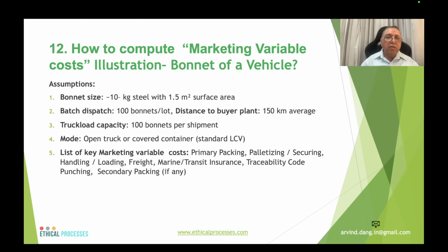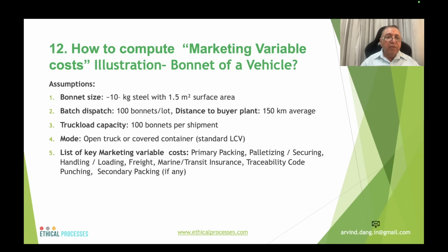Marketing variable cost. Again, same assumption. It is assumed that the finished bonnet will be shipped to us, and let's assume that the weight is 10 kg per steel with a surface area of 1.5 square meter, because this is to be sent by trucks. And let's assume that the batch size is 100 bonnets per lot, and the distance from the plant is 150 kilometers for our assumption.